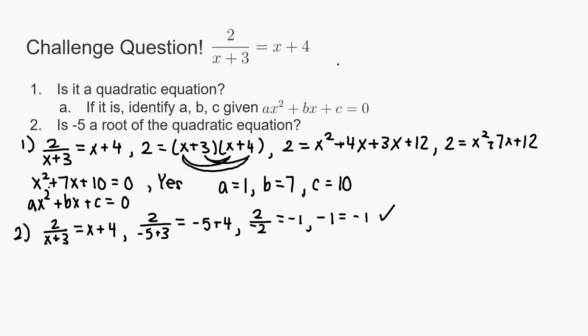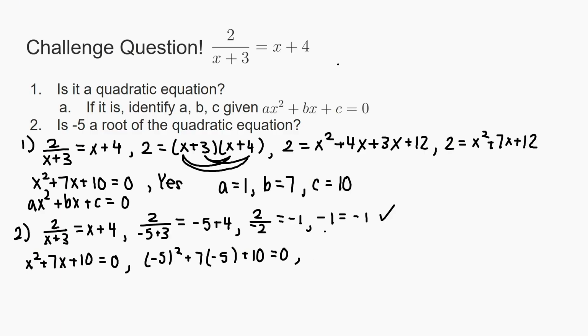However, we can also plug it into this equation and we should get 0. So let's do that. So we have x squared plus 7x plus 10 equals 0. We have -5 squared plus 7 times -5 plus 10 equals 0.